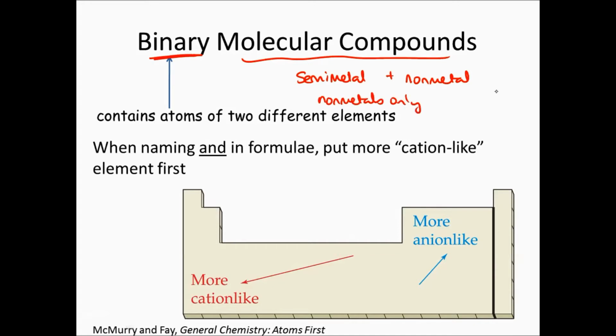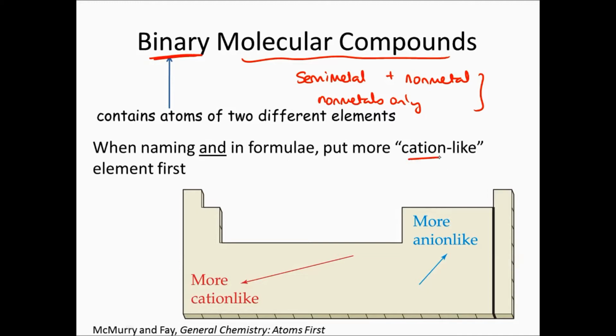or nonmetals only. And the key thing is we need to make sure that every time we name a compound, we order what we write in the same order. And to do this, when we write the name or the formulae, we put the most cation-like element first.